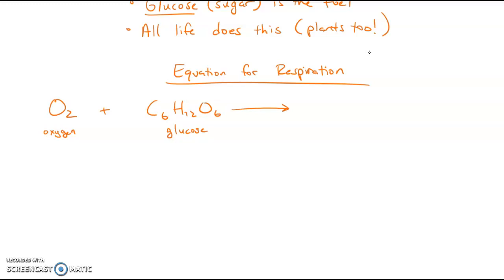And then when these two mix, when you breathe oxygen, when you eat food, it gets sent into your mitochondria. The mitochondria is filled with enzymes, right? And the enzymes break apart this glucose into CO2, which is carbon dioxide, and water.